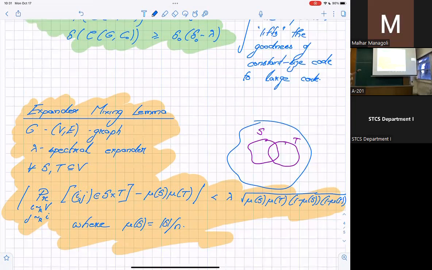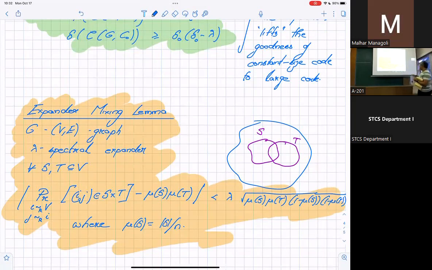The expander mixing lemma remains unchanged; only the definition of mu changes. You could have weighted edges. Right now all edges have equal weight. If you have weighted edges, the weight of a vertex will be proportional to the sum of the weights of the edges leaving it. Here all edges have equal weight because it's a regular, unweighted graph.